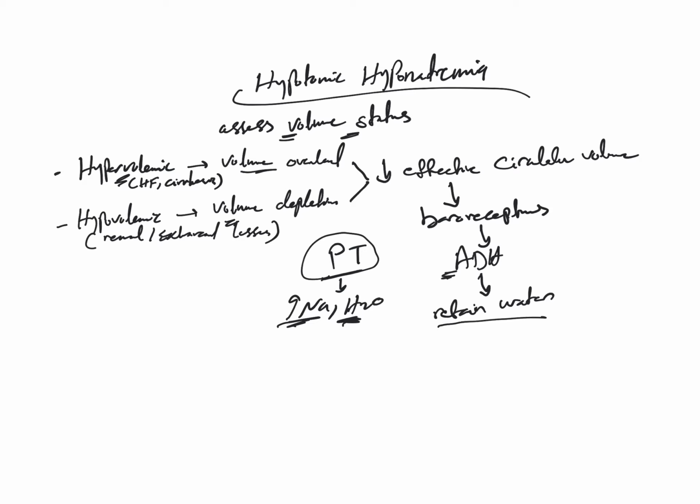So we're retaining water and sodium, but much more water than sodium. That will lead to low urine sodium because most of it is being absorbed in the proximal tubules, low, less than 10 or 20 milliequivalents.